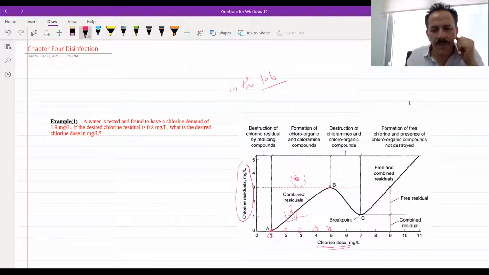Now, what will happen after a certain time, when the chlorine has dissolved? We need about 30 minutes. After 30 minutes, the process will change.